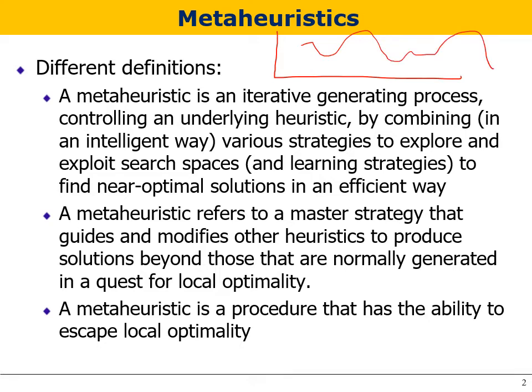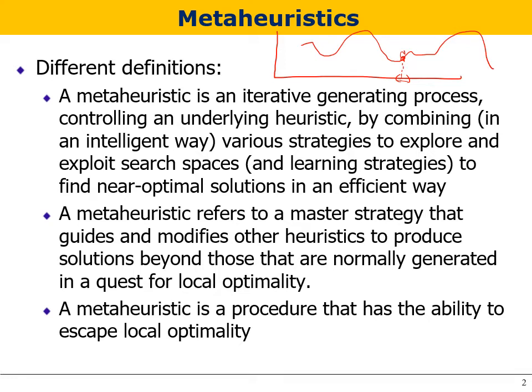Assume that we start our local search algorithm from here, and when we check the neighborhood of this solution, where this is the solution value and this is the neighborhood, we see that if we move in this direction, the value of the solution is improving.